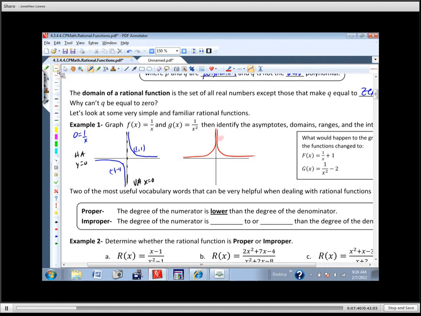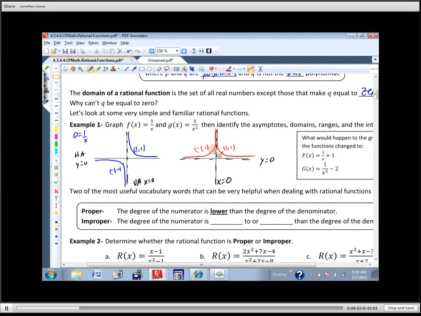We've still got a vertical asymptote here at x equals 0. Remember, that vertical asymptote is there because we can't plug in a 0. And we've still got a horizontal asymptote of y equals 0, because it never actually comes down and touches the x-axis. And it goes through 1, 1 and -1, 1. Never crosses the x or the y-axis, but that's what it looks like.